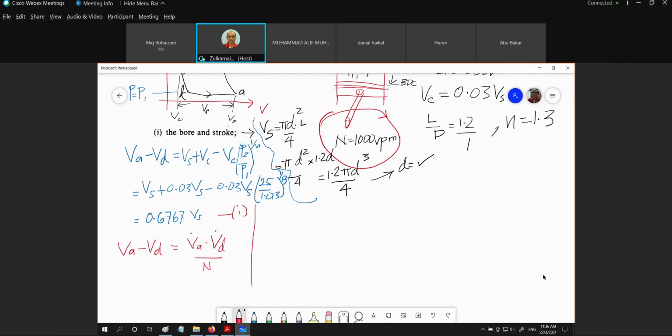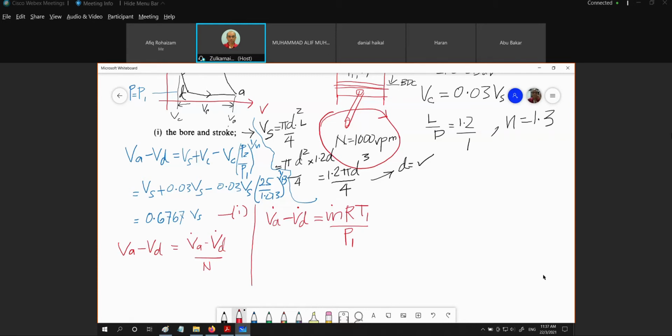For this VA minus VD, we look at this condition, which is at P1 and T1, or the P and T. So this should be equal to m dot R T1 divided by P1. As far as the VA minus VD is concerned, the pressure and temperature are T1, P1.